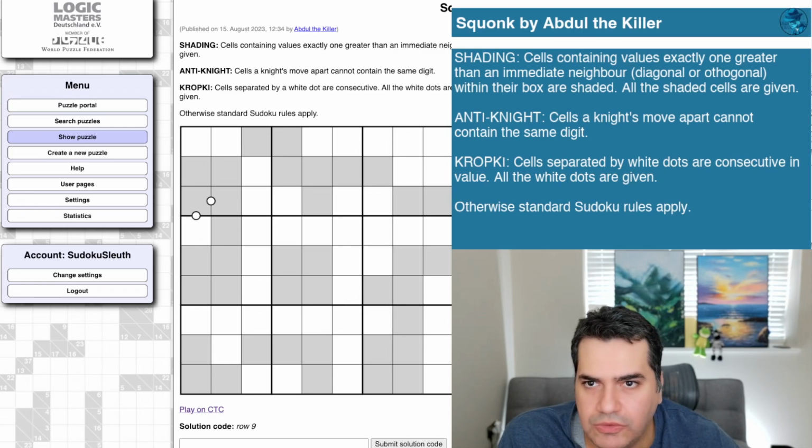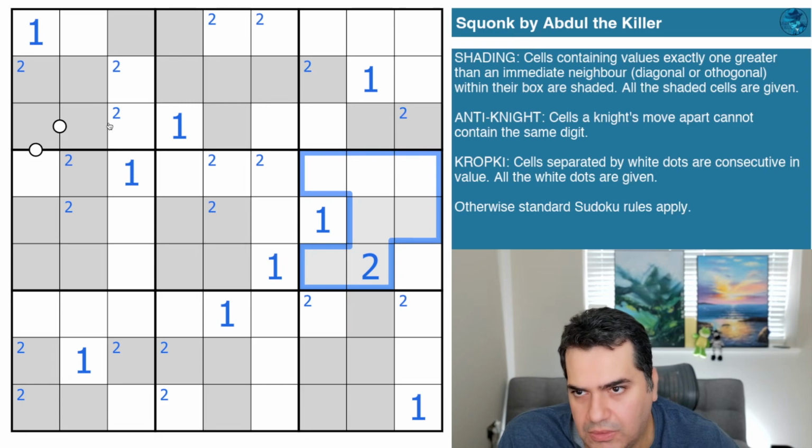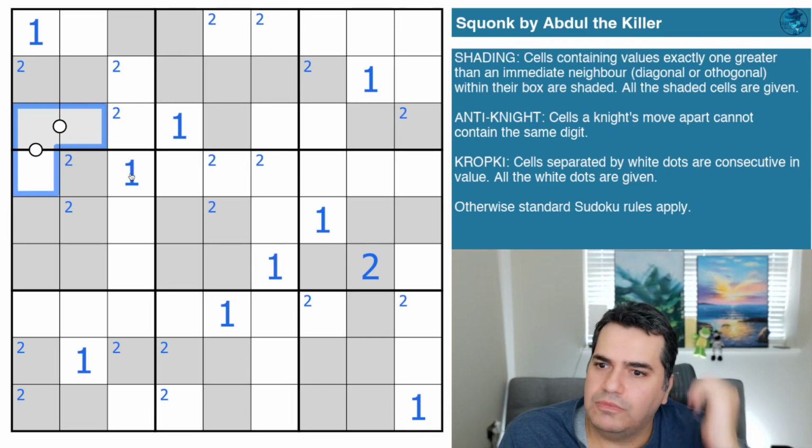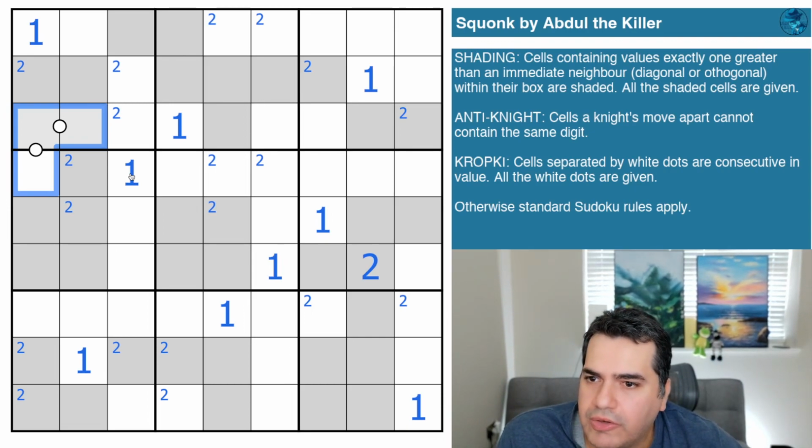Am I missing something else? Do I need to be thinking about these KROPKI dots a little bit earlier? Because I'm definitely struggling with thinking around how is this possibly a 1-star difficulty rating?